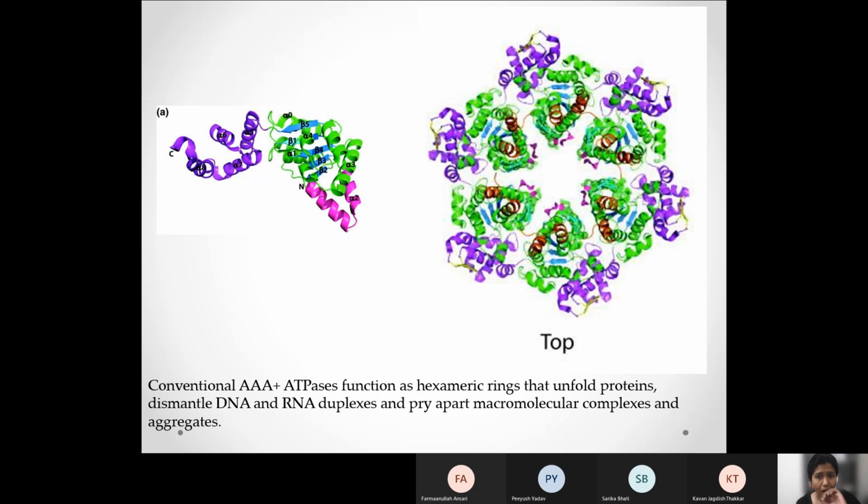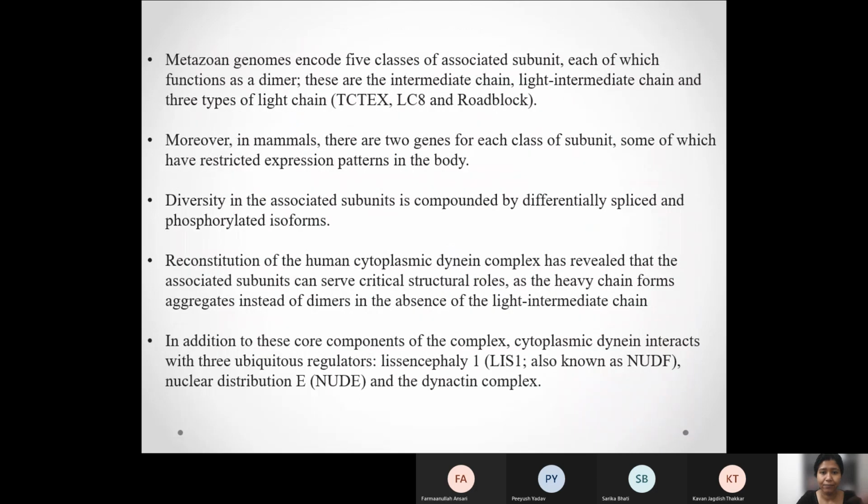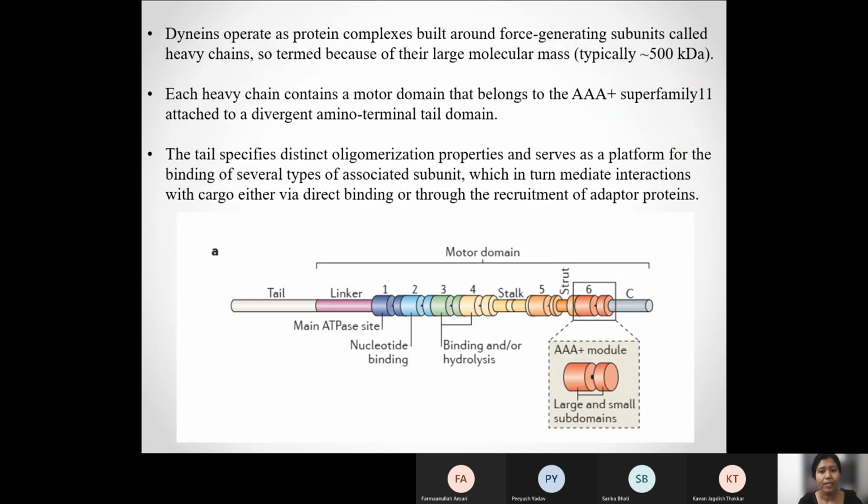Now, how does this correlate to dynein? What dynein has done is it's a very smart protein. It has taken this concept of these 6 subunits forming this ATPase and combined it into one single polypeptide. So instead of looking at 6 different subunits, one dynein protein has these individual 6 subdomains.